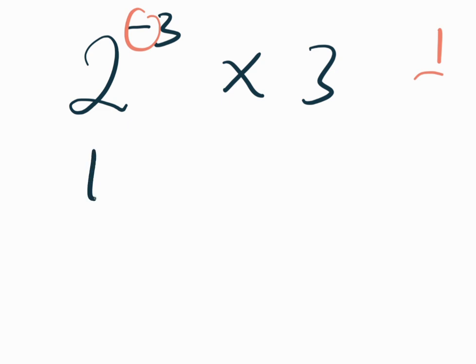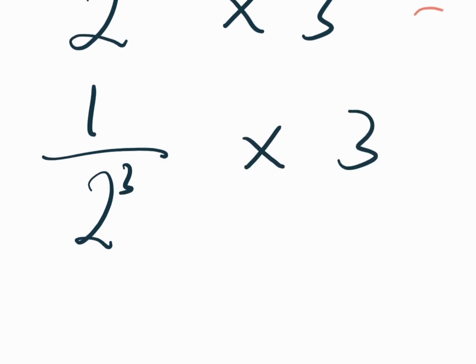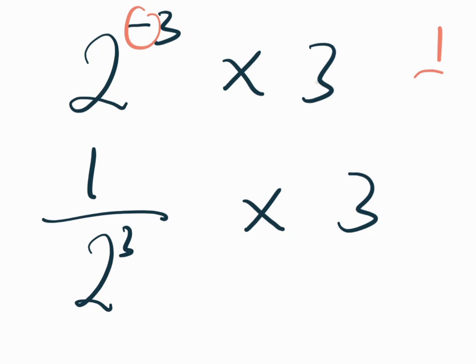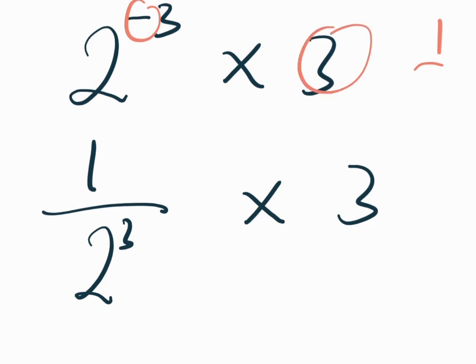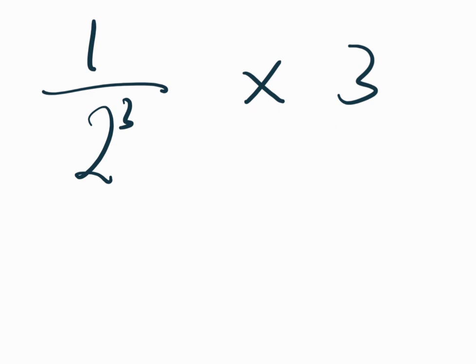Here we're going to have 1 all over 2 raised to the power of 3, times 3. At this junction, you can see the 3 right here is at the same level as the 1 all over. So here we're going to have 1 all over 2 to the power of 3, times 3.